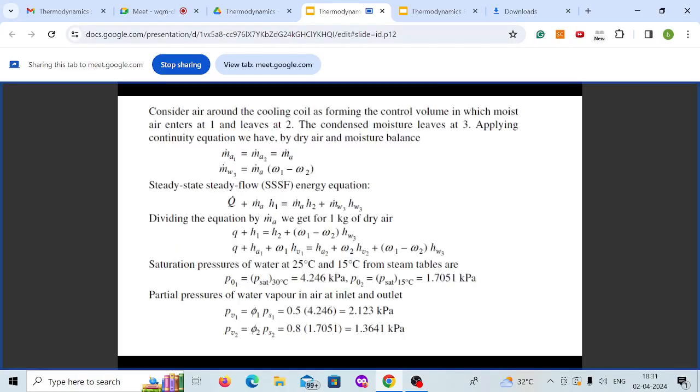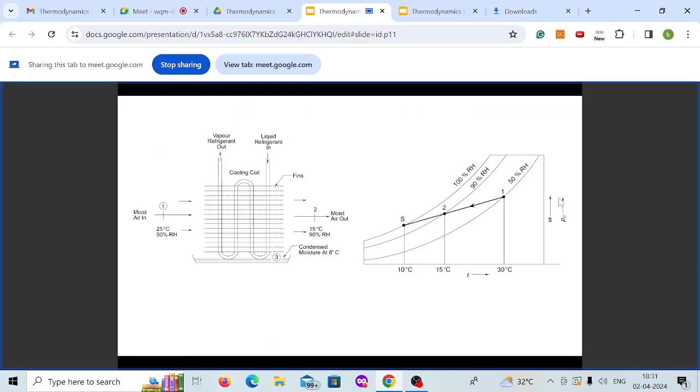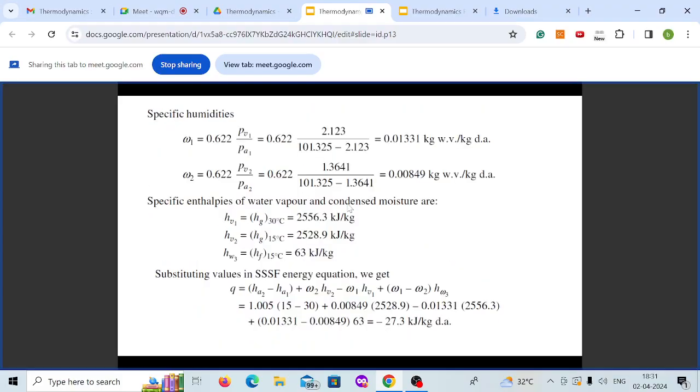For H1 and H2, and you have to substitute for HW3, and specific humidity you will get from the y-axis on the right hand side. So corresponding omega values you can take and directly substitute. Here we have calculated these humidities and the enthalpy of the mixed air.